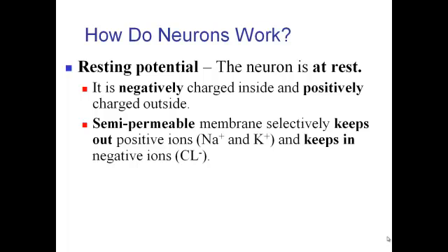When the neuron is at rest, you have a greater concentration of the chlorine ions inside the neuron and a greater concentration of the potassium and sodium ions outside the neuron, which keeps the interior of the neuron in negative charge relative to the outside.